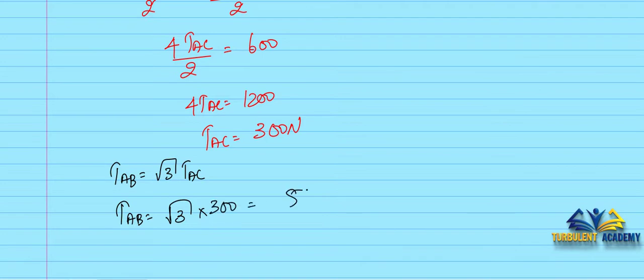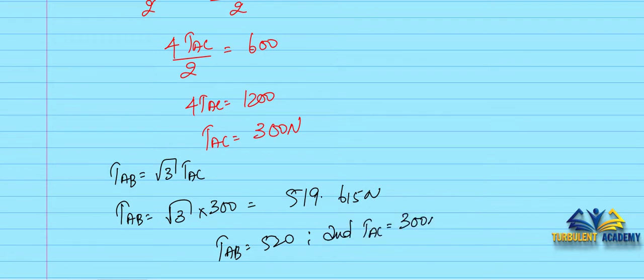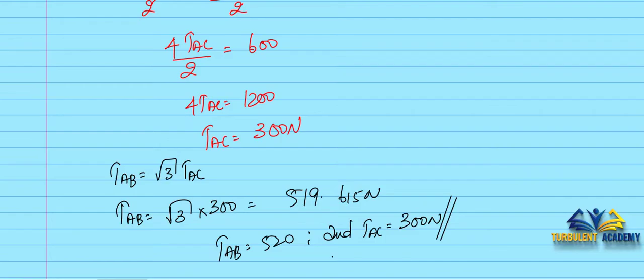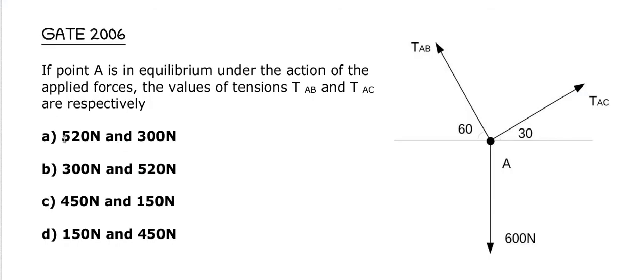That will give you about 519.615 newtons, which is TAB equal to 520 and TAC equal to 300 newtons. Which is what gives us the final answer. They have given it in TAB and TAC, so 520 and 300, which is option A.